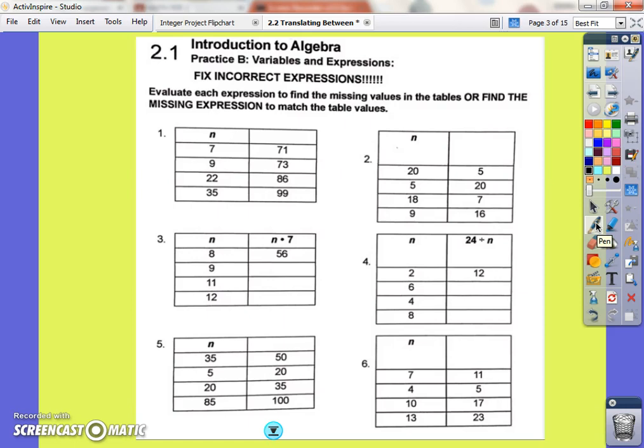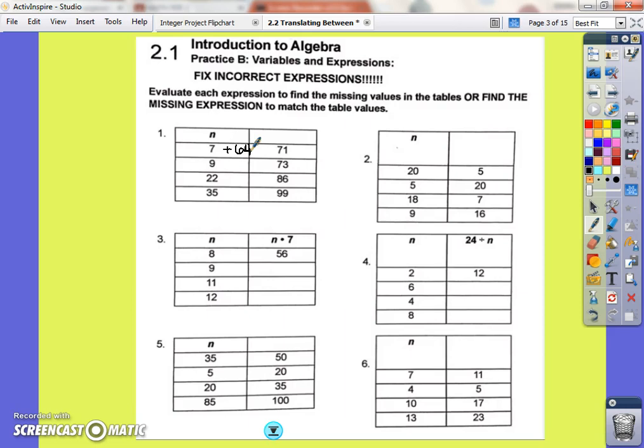Okay? Because I have obviously looked at this problem for a little while, I could tell that whatever n is, here I'm adding 64. So I'm going to make sure and check for every single variable that it works and all my results are true. So 7 plus 64, I end up with 71.